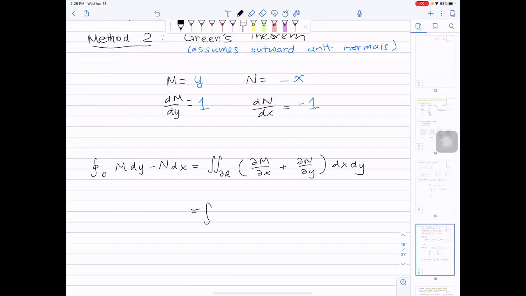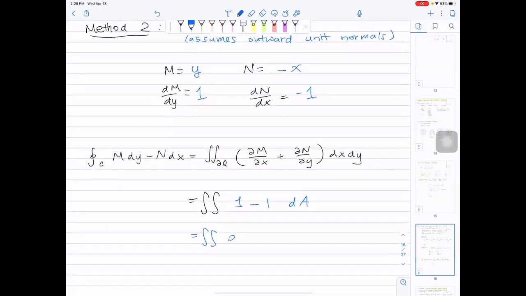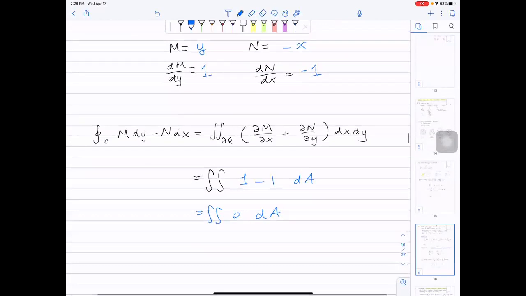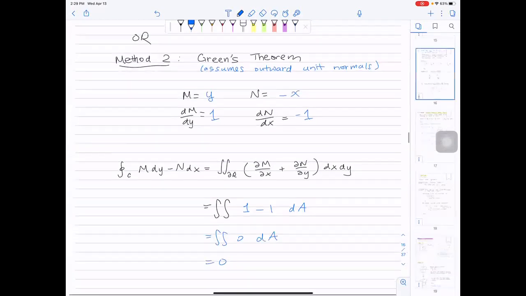So we end up getting this double integral of 1 minus 1 dA, which is the integral of 0. If your integrand is 0, there's no way you can get any area. So it has to be 0.